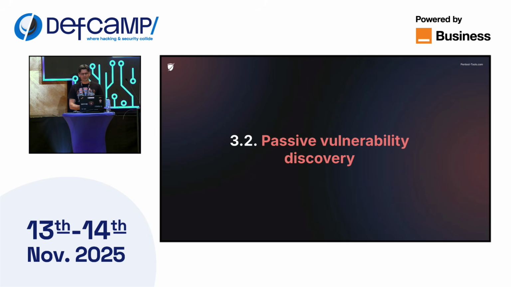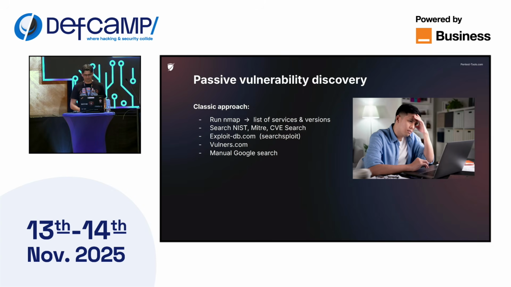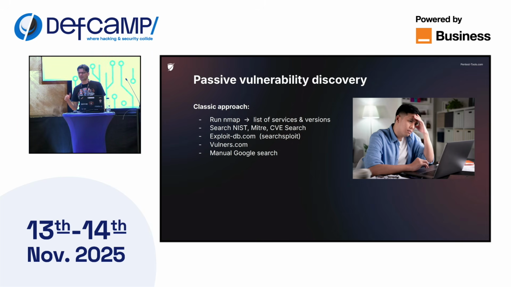Okay, now let's go to another scenario for passive vulnerability discovery. So the classic approach in this case, we have a network, and we're running Nmap, let's say, to discover services and versions of what is there.